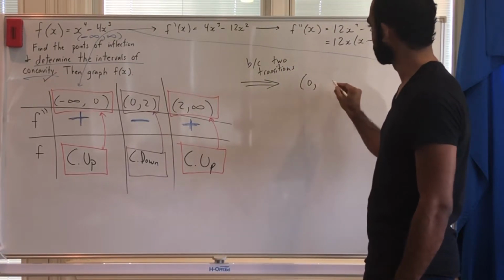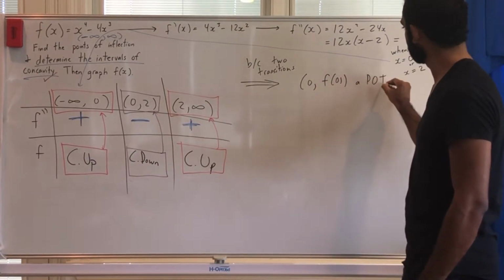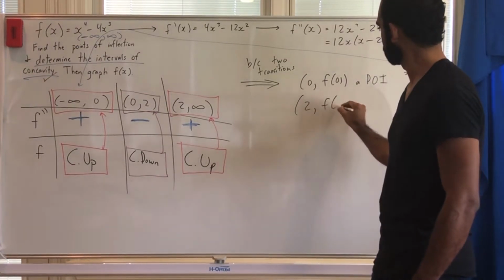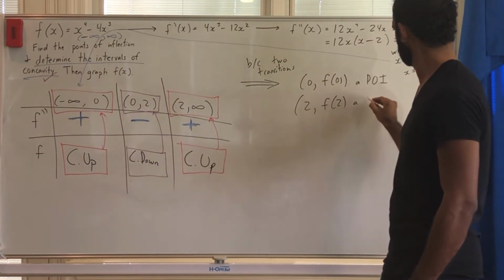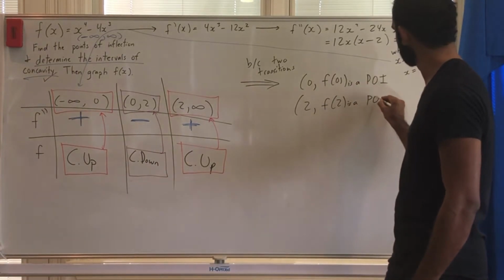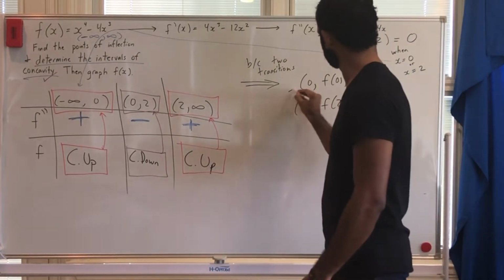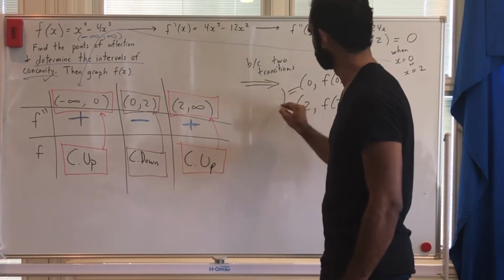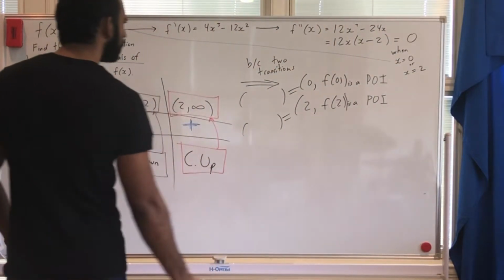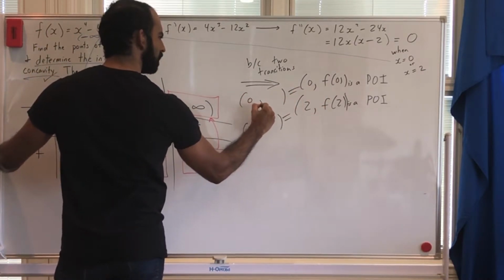So not only is 0, f of 0 a point of inflection, but so is 2, f of 2. And finally, we can just throw those values into the original function. 0, f of 0 is just 0, 0.